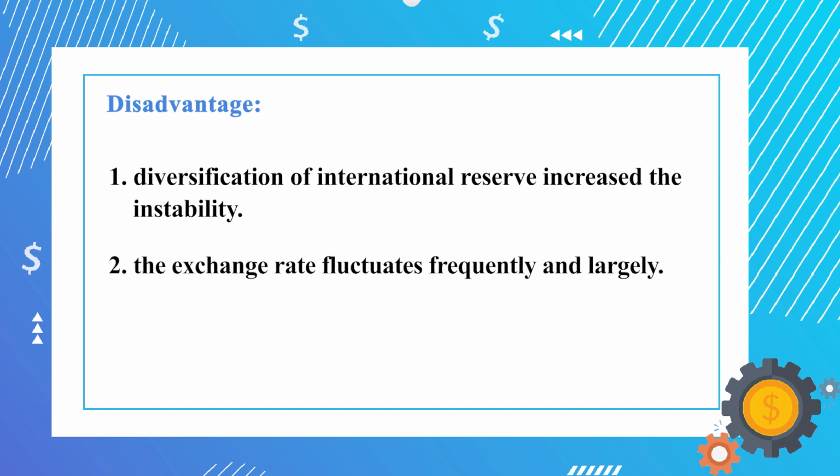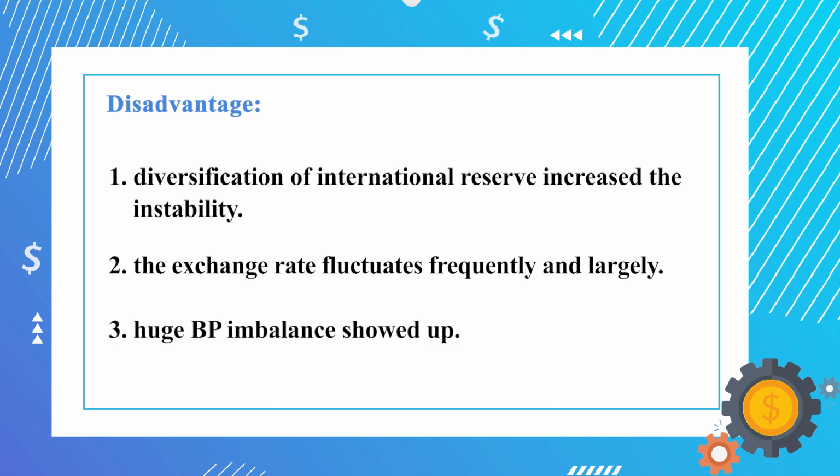The second, the exchange rates fluctuate frequently and largely, which leads to a huge amount of international speculative capital flowing in and out quickly. The flows of huge capital have caused chaos in interest rates, prices, and employment rates in many countries.